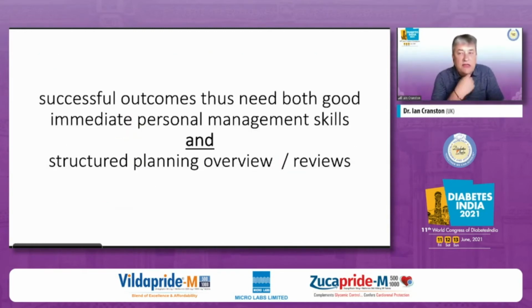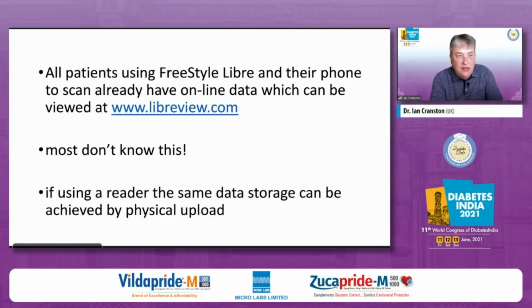So I think what we need to conclude is that to have a successful outcome, we need a person with diabetes who understands their data and how to manipulate their therapies to improve it. But we also need periods where we've got, if you like, a third party making an objective, structured planning overview of that data. And of course, that's where the routine consultation comes in.